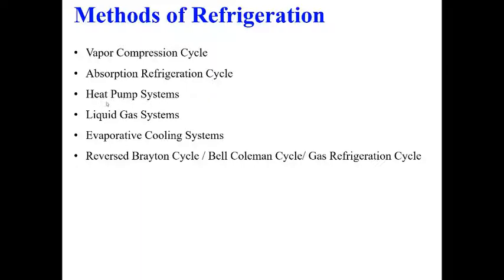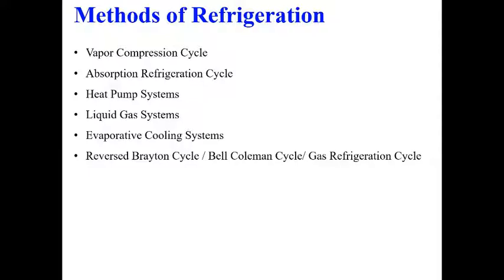We could also have a heat pump which is designed primarily to supply heat, but we can modify it and use it for refrigeration. We can also have liquid gas systems. For example, liquid nitrogen is used as a cooling medium for a lot of systems, and evaporative cooling is also a very effective method for cooling a system.